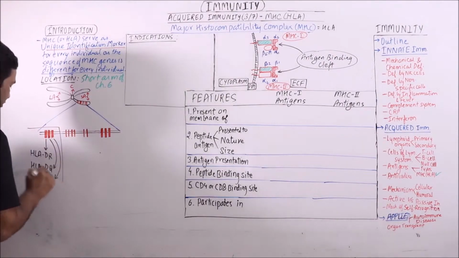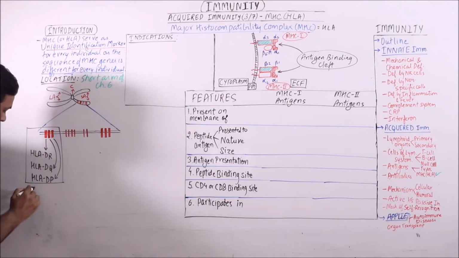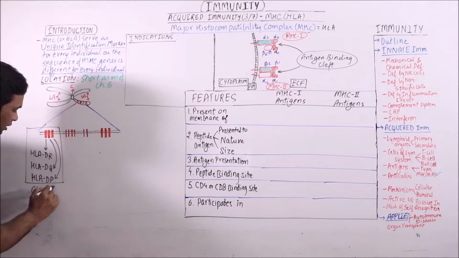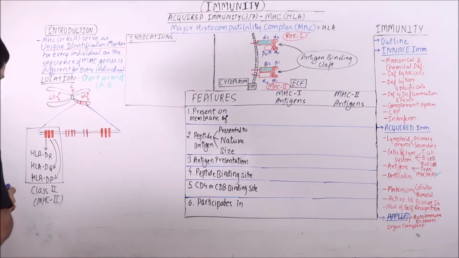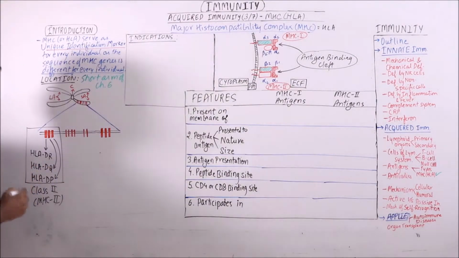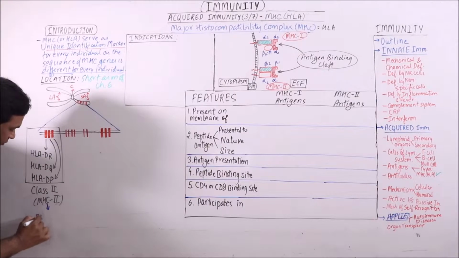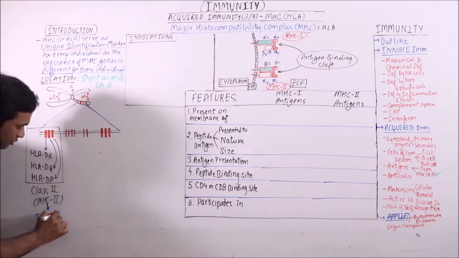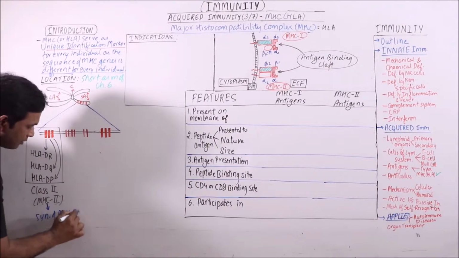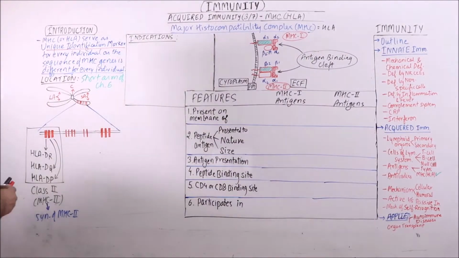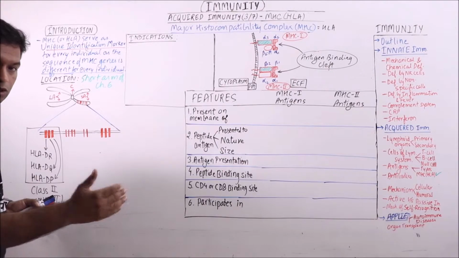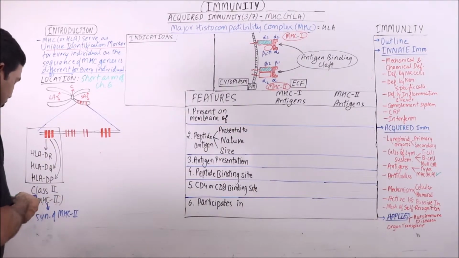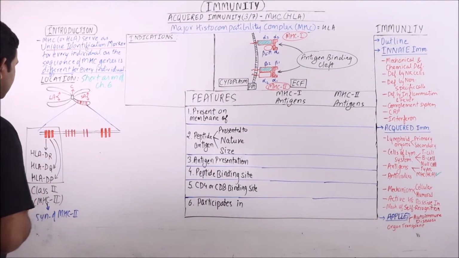So this cluster is class 2 or the MHC2 gene complex. The function of this complex is synthesis of MHC class 2 proteins, which will present the exogenous antigens to the T helper cells or CD4 cells.